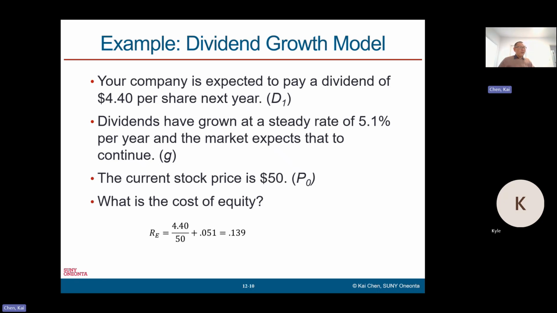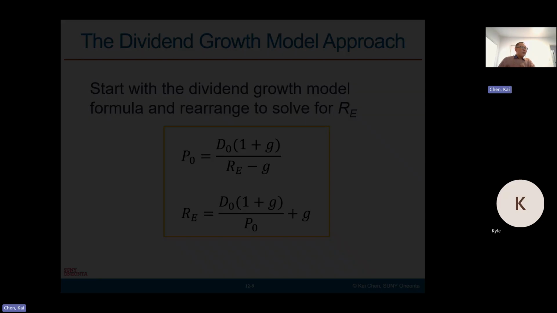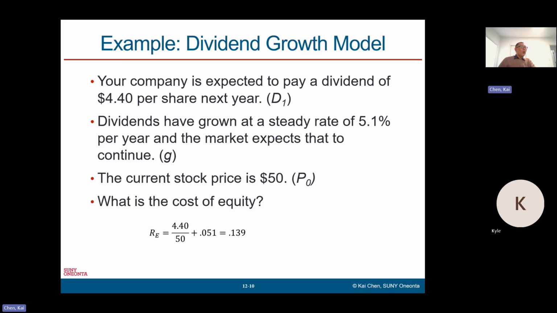In this case, we know the dividend growth model: RE equals D0 times 1 plus G over P0, plus G. Now D0 times 1 plus G equals what? Equals D1, right? In our example, do we know dividend 1?